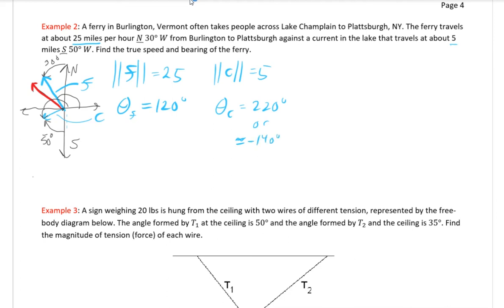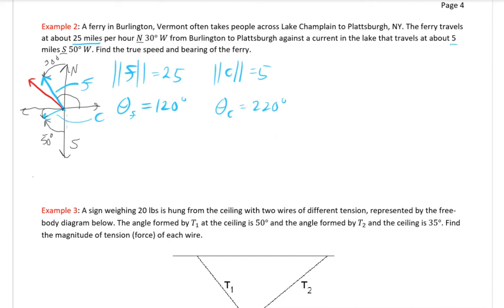That would also work, because that would be going back 140 degrees. If we combine these together, we should hopefully be able to find that red vector there. I'll use positive 220 because I think it's a little bit easier.